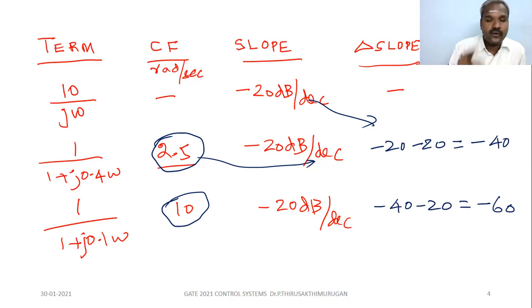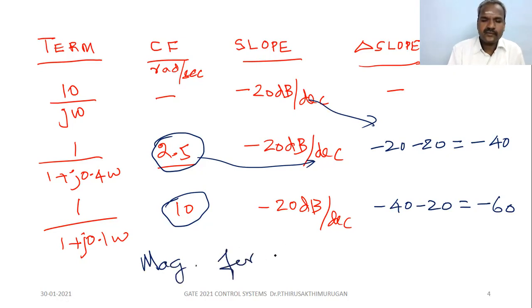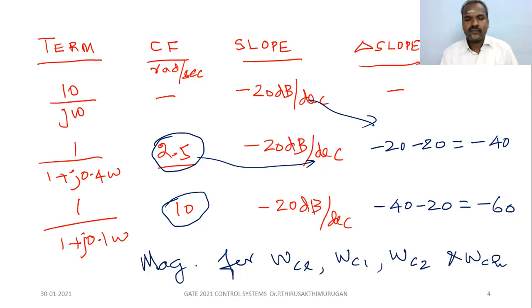So next, we have to calculate the magnitude for 4 corner frequencies: omega CL, omega C1, omega C2, and omega CH. For the 4 corner frequencies, we have to estimate the magnitude values.